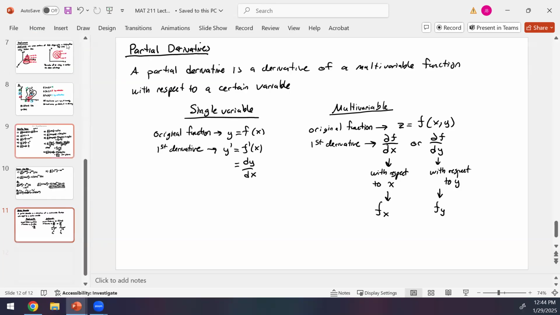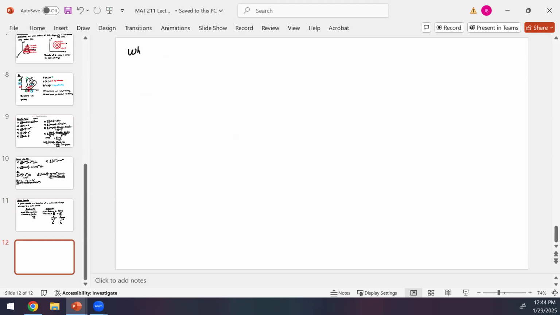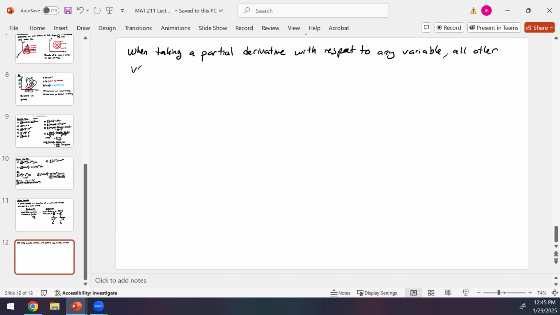Okay, so when taking a partial derivative with respect to any variable, all other variables will be treated as a constant.